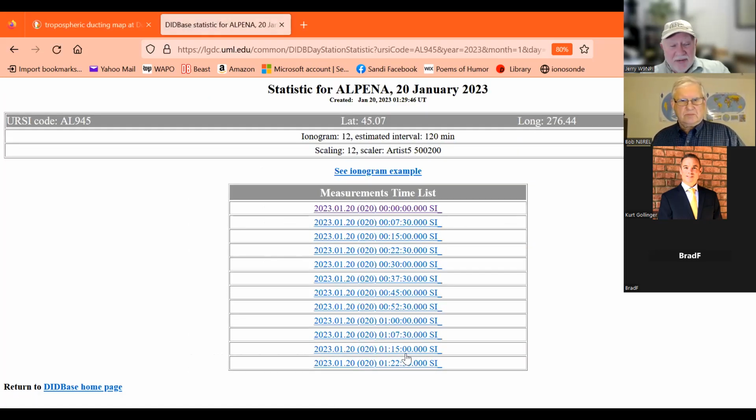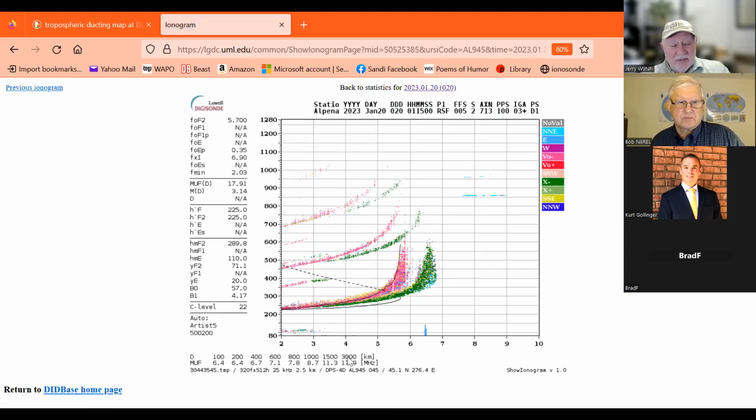Here's a listing of the ionograms. You can check from time to time to see what it is.